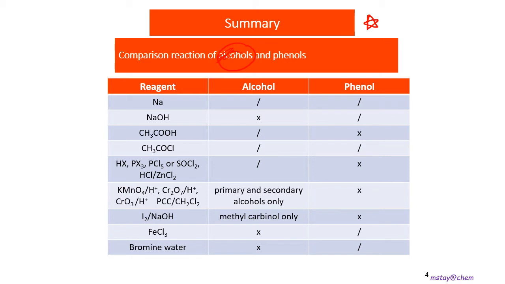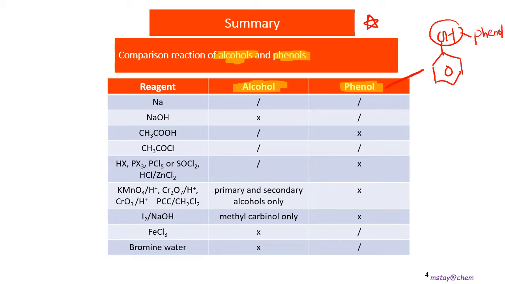The main difference between alcohol and phenol is, for phenol, the OH group is attached directly to the benzene ring. So if we have any hydroxyl group attached directly to the benzene ring, this OH group will act as the phenol.